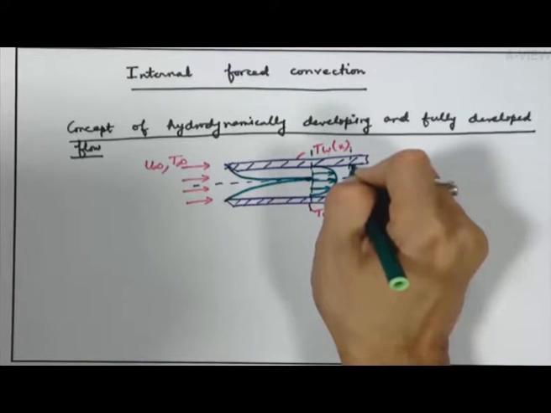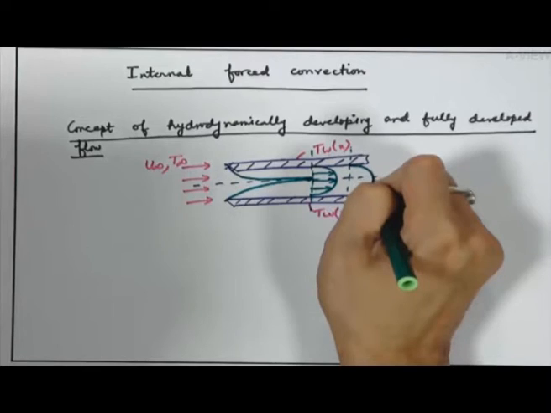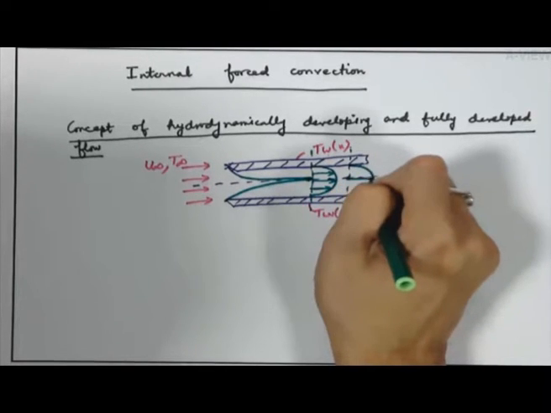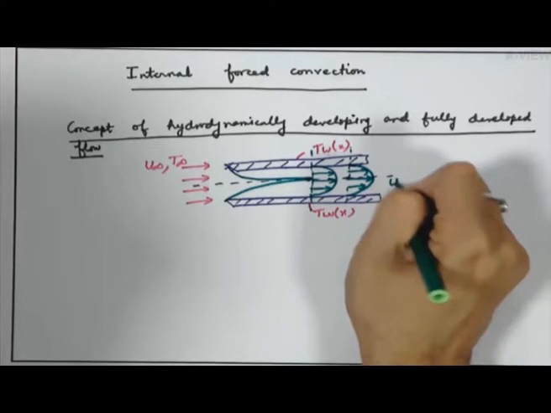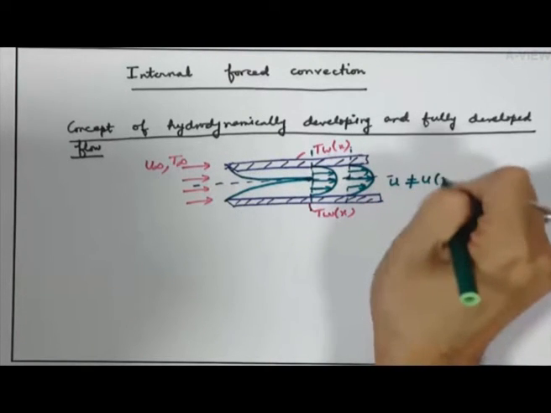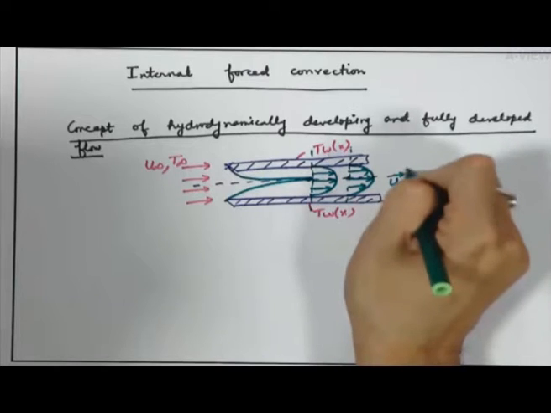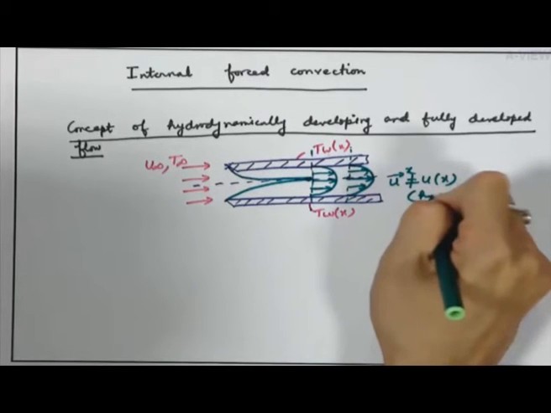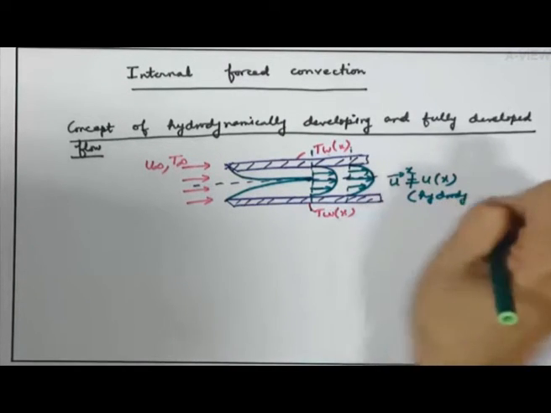More important is that this velocity profile does not change as you move along x. So, u is not a function of x. This is the hallmark of hydrodynamically fully developed flow.